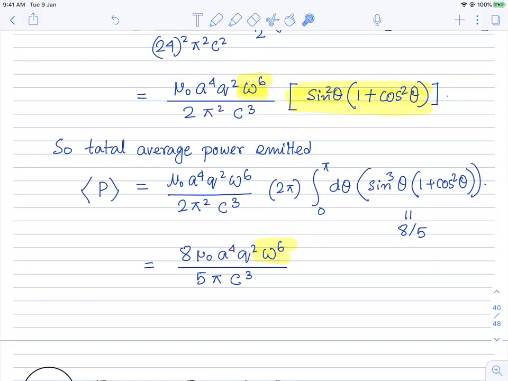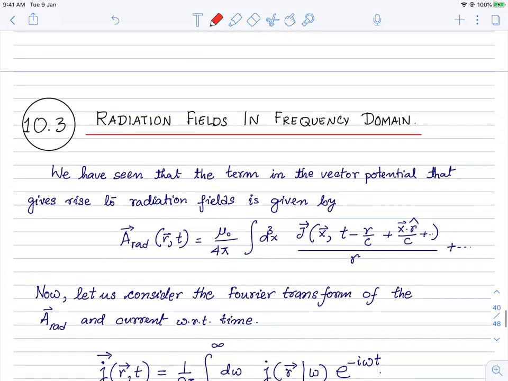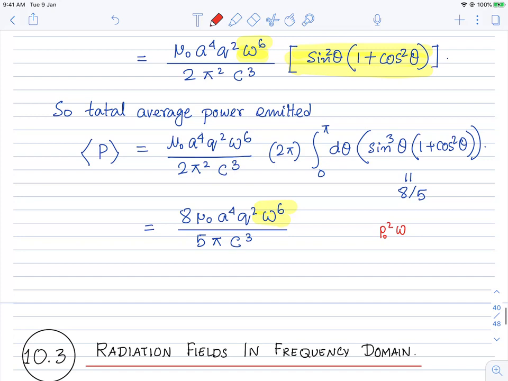So just remember the dipole moment, that went as P naught square omega to the 4, right? So for the dipole, just to re-emphasize that fact, this P went as P naught square omega to the 4.